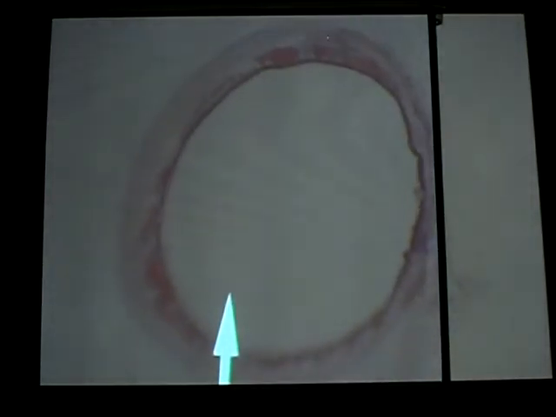Alright, so going further down into our respiratory system, this is a slide of our trachea. One of the main characteristics of the trachea is that you have these C-shaped rings of cartilage that are surrounding the trachea.